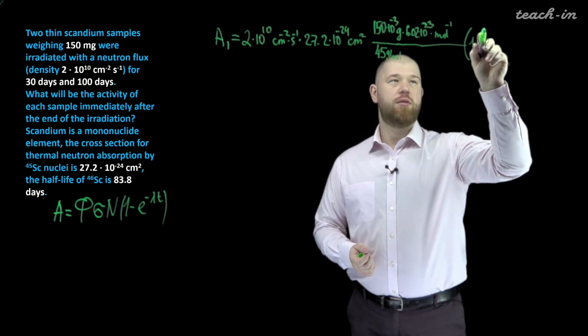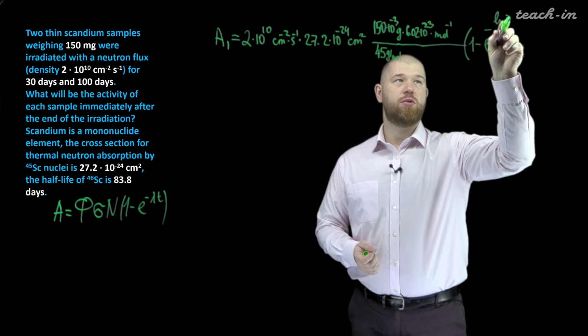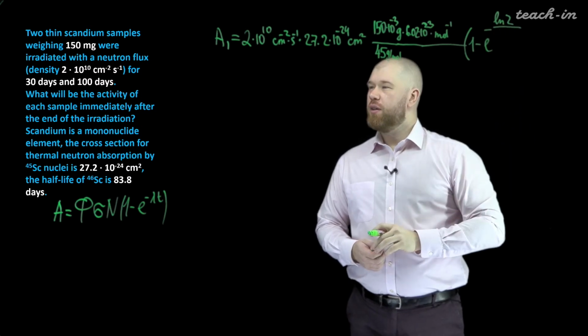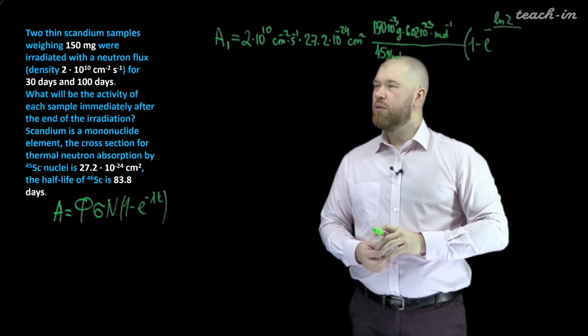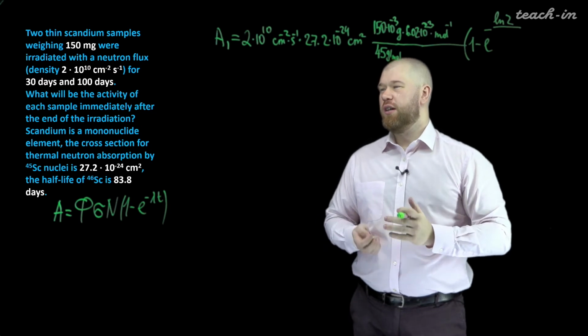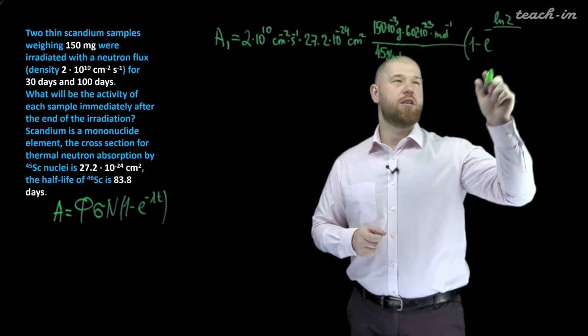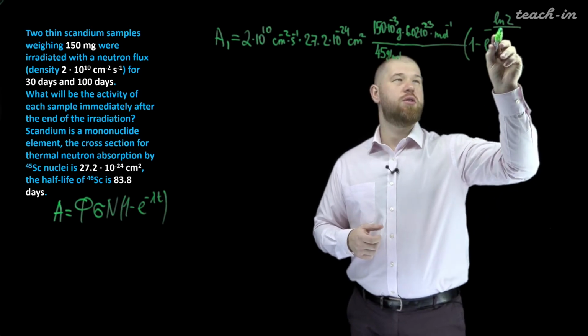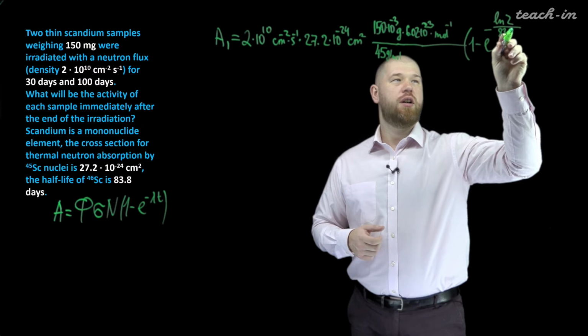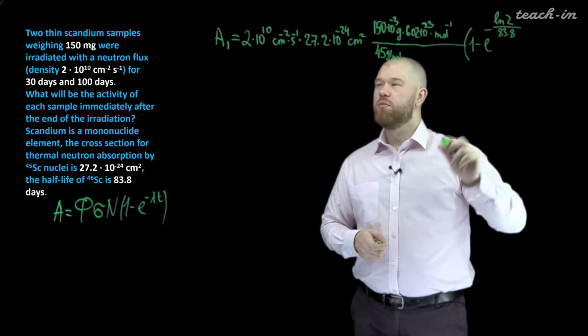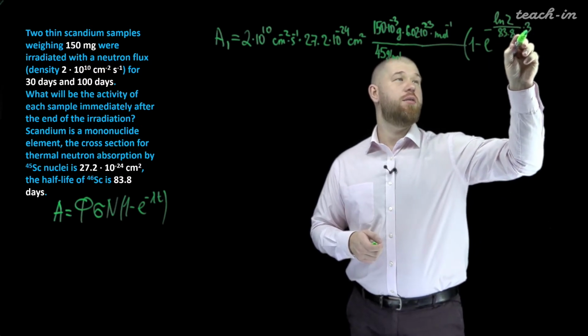exponent minus logarithm 2. And here we don't need to convert the half-life to seconds, because we have time and half-life in the same units. So we just take the half-life of our scandium and multiply it by 30.